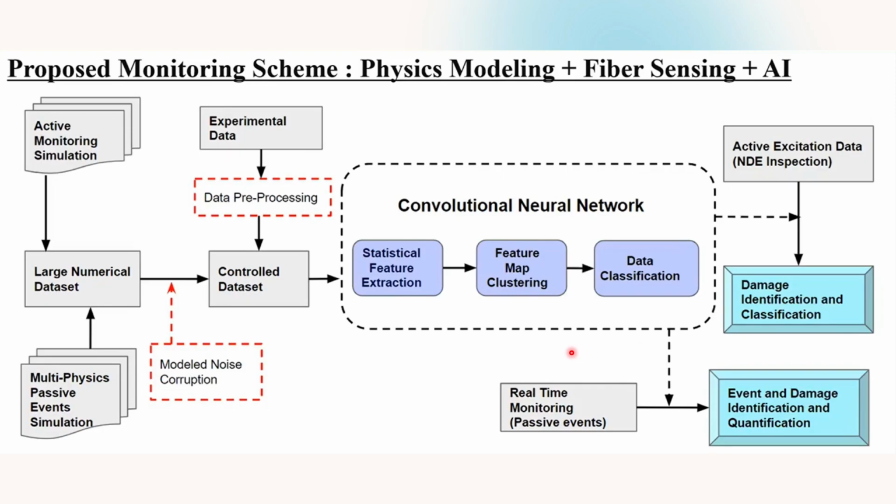This is their proposed modeling scheme for physical modeling plus the fiber sensing plus the AI that they are proposing. First, we have active monitoring simulation. Then we have a large number of numerical data sets. Then we have multi-physical passive event simulations.